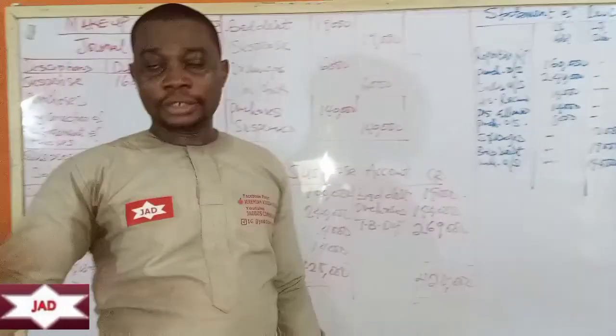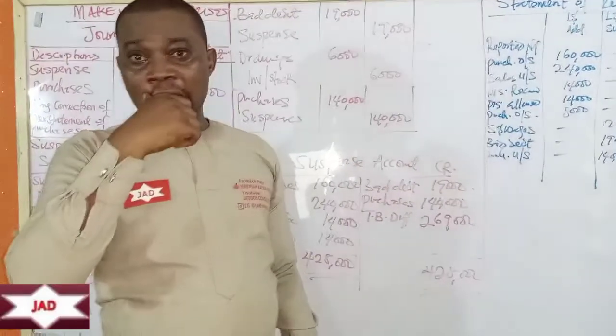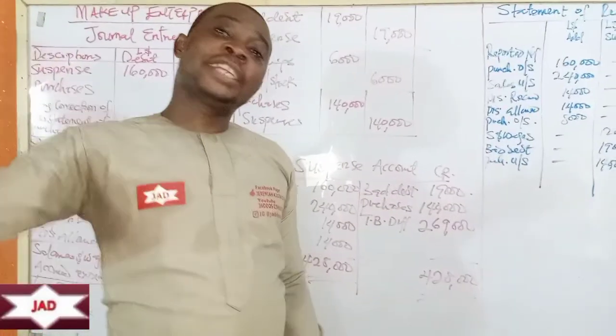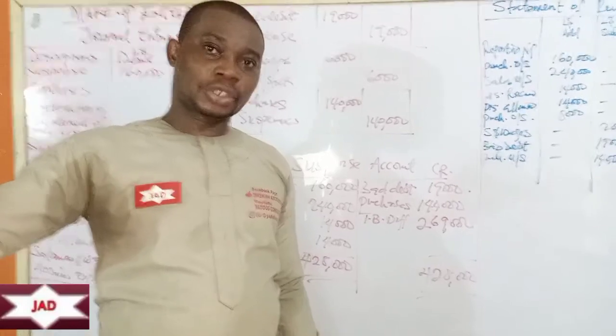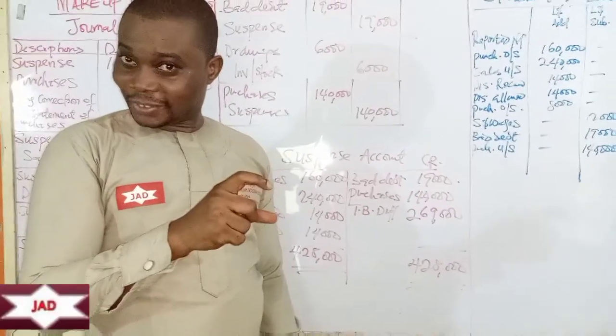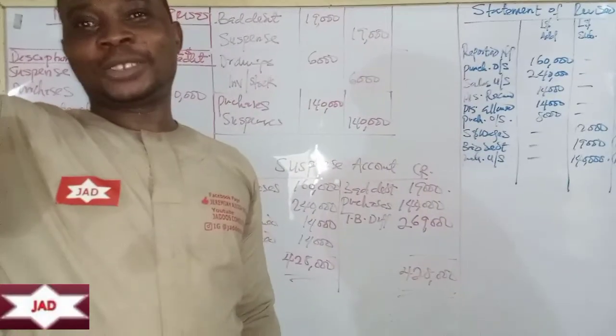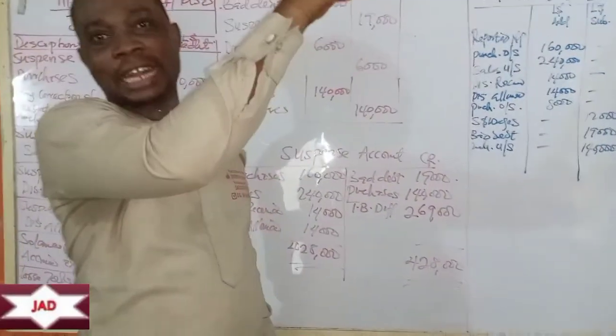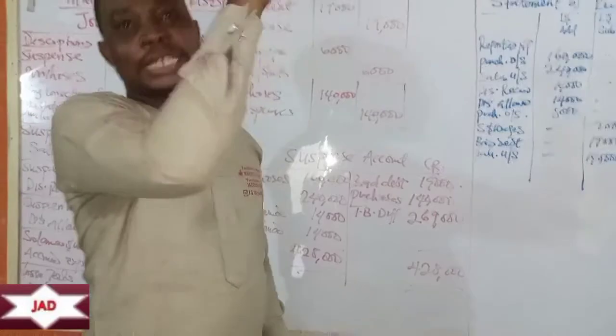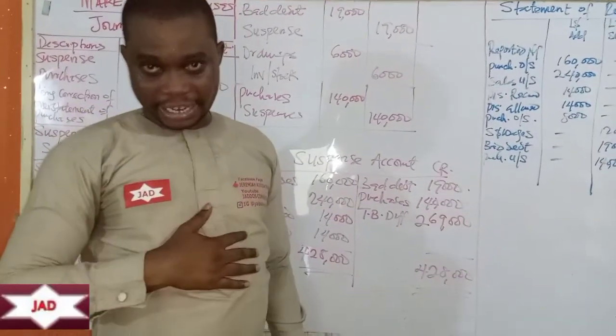And when you sell, the system credits inventory with the cost of product, debits cost of sales, credits sales with the sales amount, and then debits the client if you're selling on credit, or debits cash if the person is paying in cash.